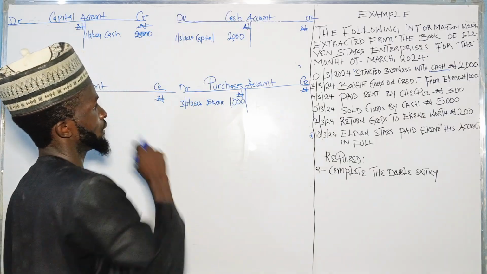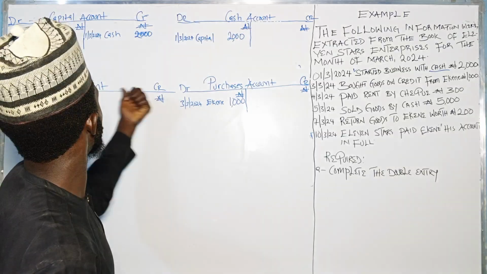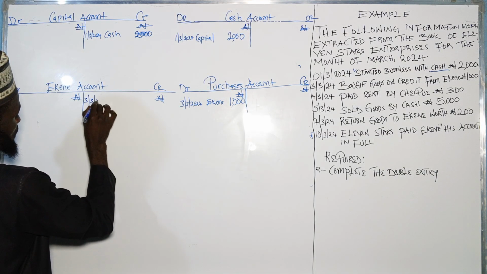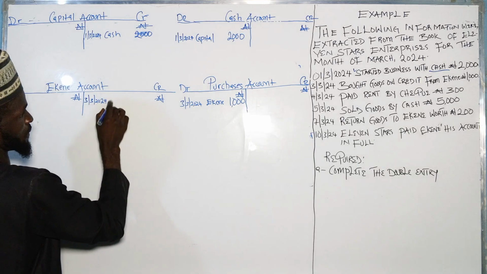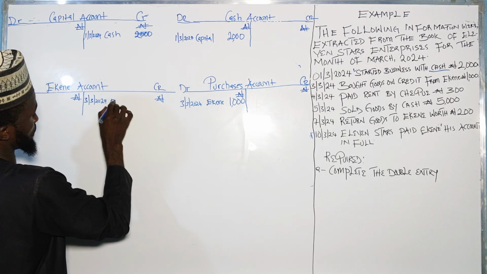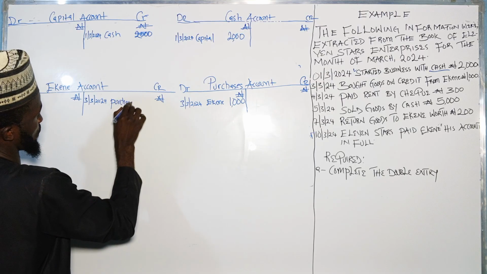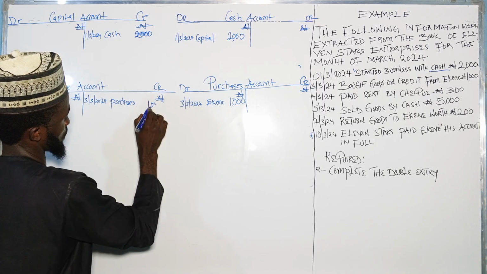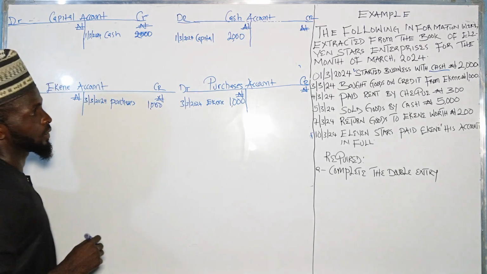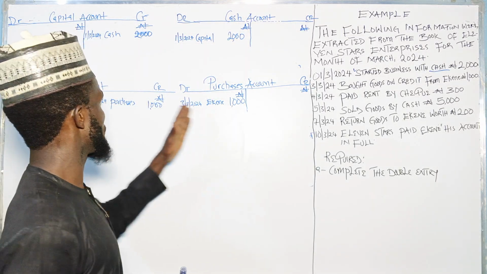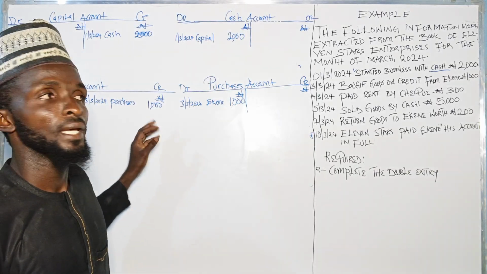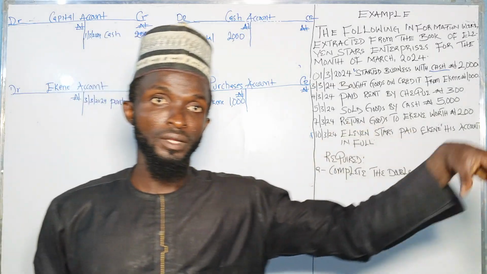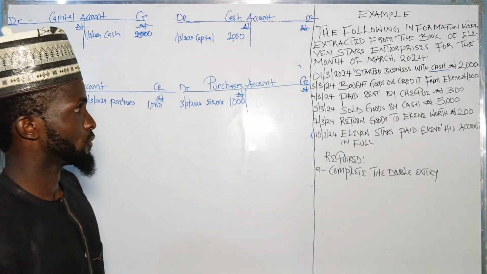You know that automatically you are going to credit the Ekene account. Why are we crediting Ekene? Ekene gave out the goods, and we say credit the giver.